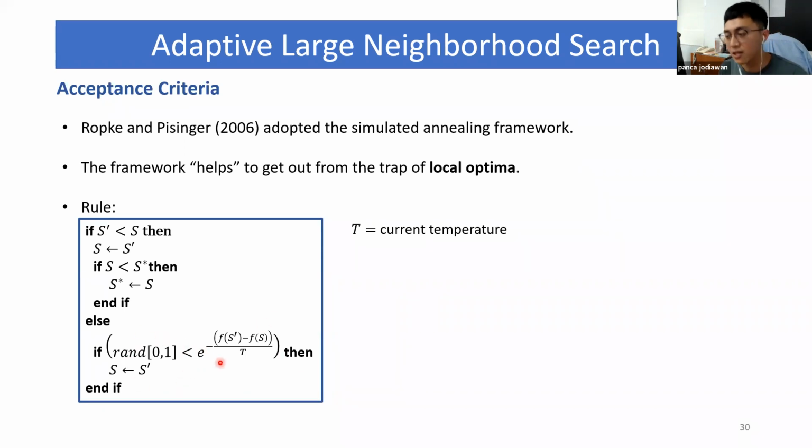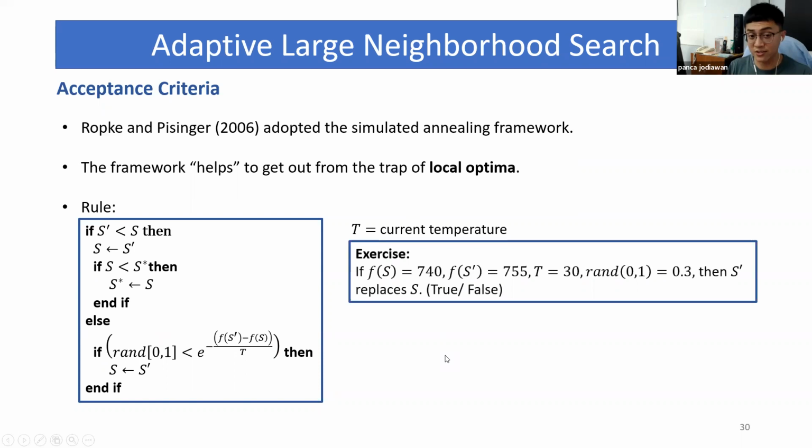Now another short exercise, a kind of calculation. If the objective of the old solution is 750 and the objective value of the new solution is 755, which means it is worse in the CVRP because we want to minimize the total traveling distance, and the current temperature T is 30, and then we generate the random number 0.3, then the newly generated solution replaces the old solution.